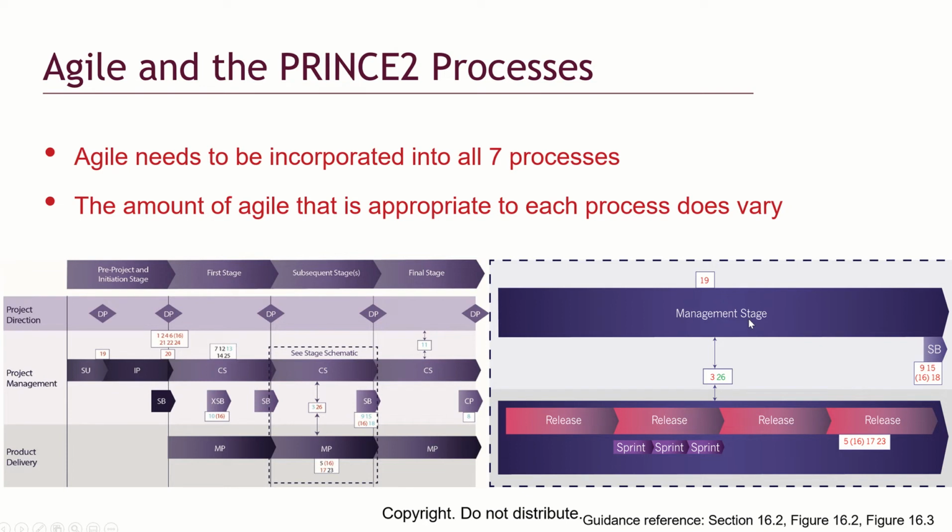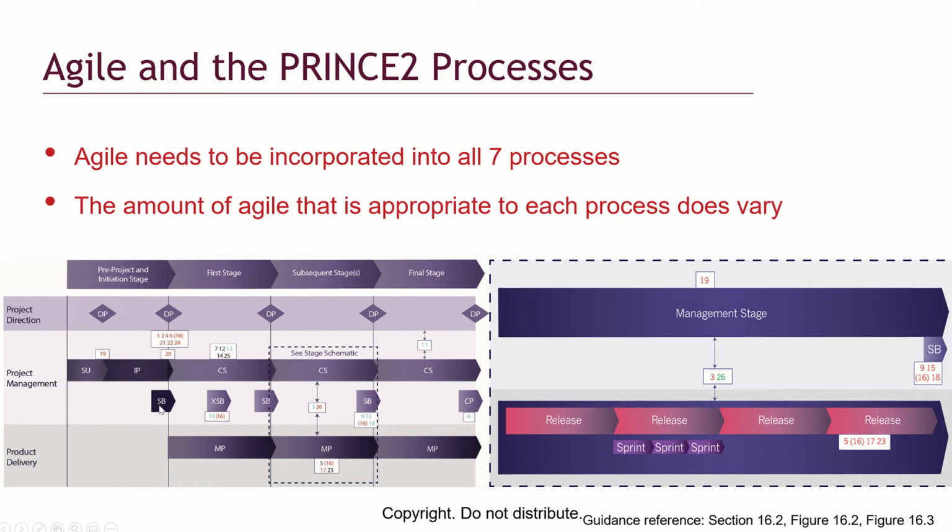The management stage is a stage where the project is being managed. And then you have releases. When you talk about releases, they are done in batches, and each batch is called a sprint. What we call stages in Prince2 is called a sprint.